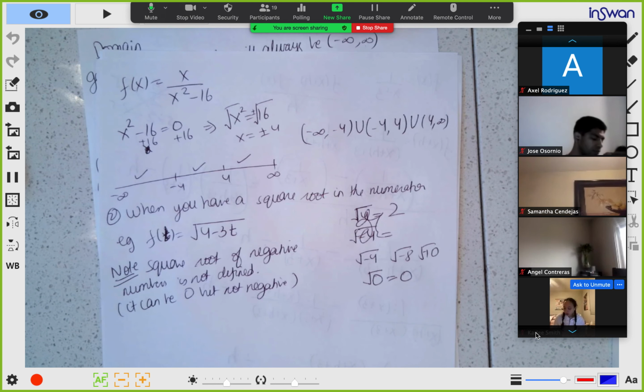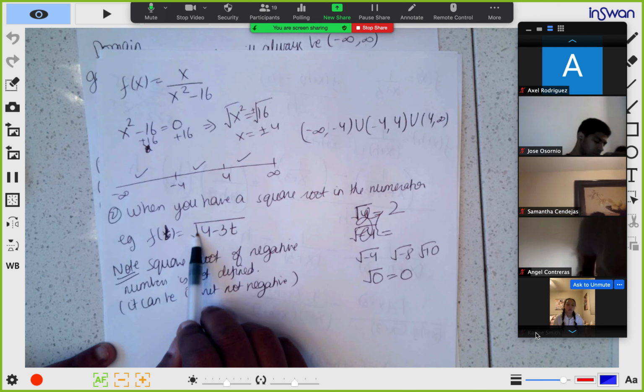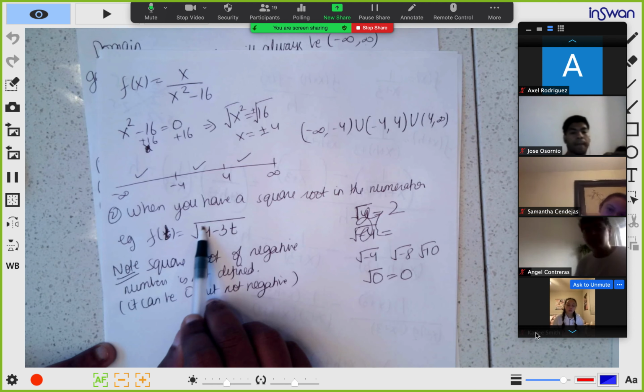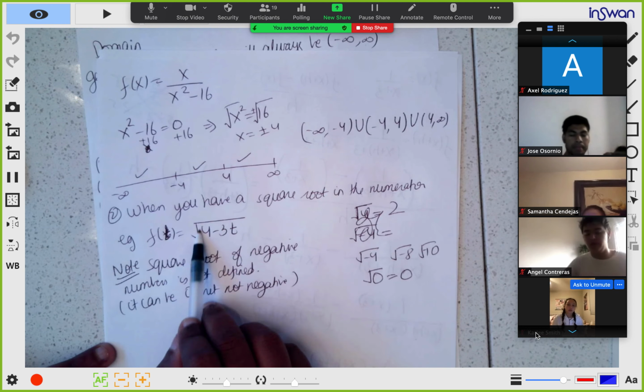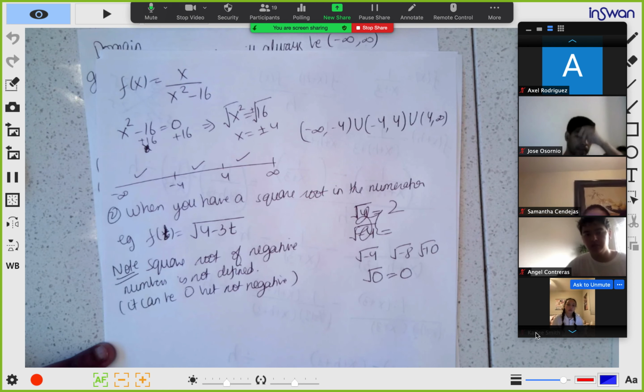Inside my square root, I know the values for positive numbers, and I know the value for 0, but I don't know the value for negative numbers. So here 4 minus 3t cannot be negative. It can be 0, but it cannot be negative.